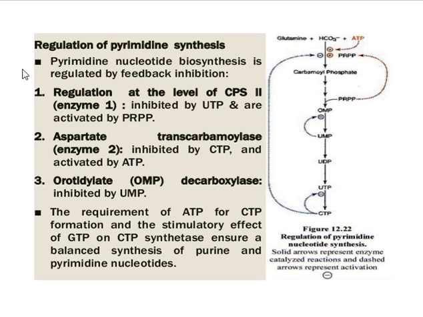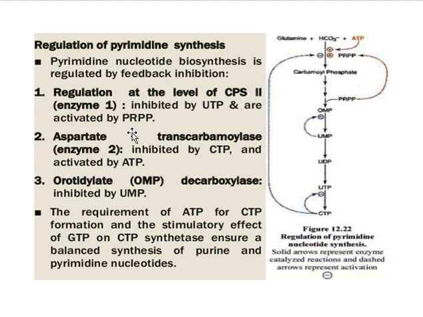Now this is the regulation of pyrimidine biosynthesis. The pyrimidine biosynthesis is regulated by feedback inhibition at 3 steps. The first step is the enzyme CPS2. The enzyme CPS2 is inhibited by UTP and is activated by PRPP.